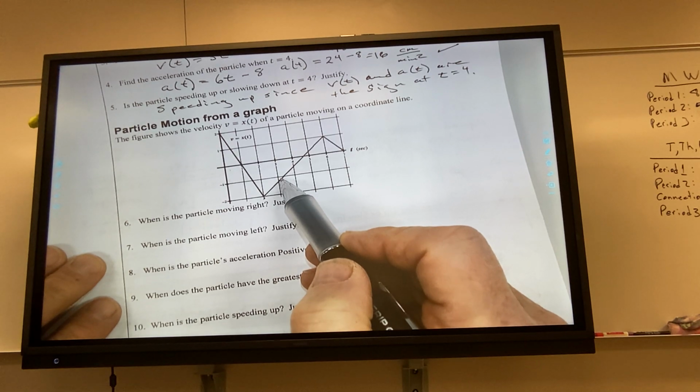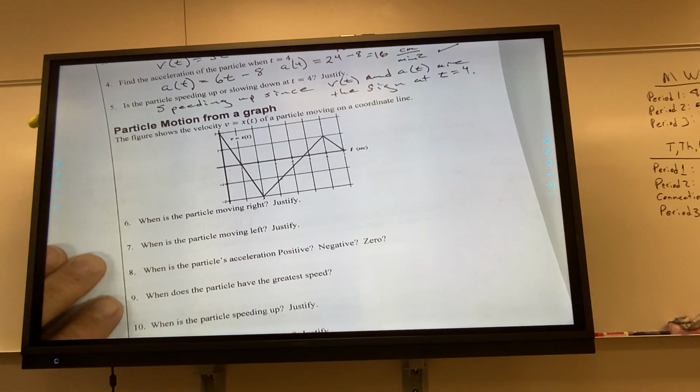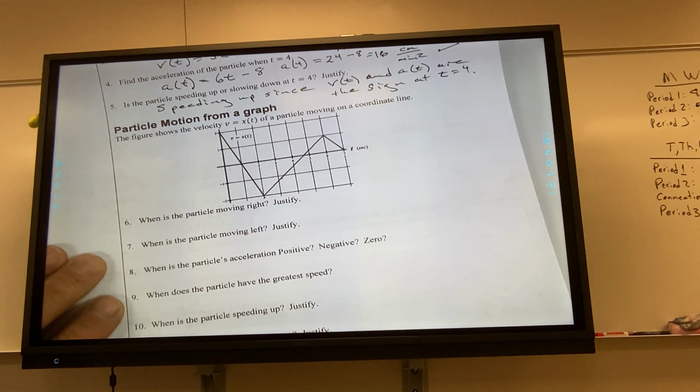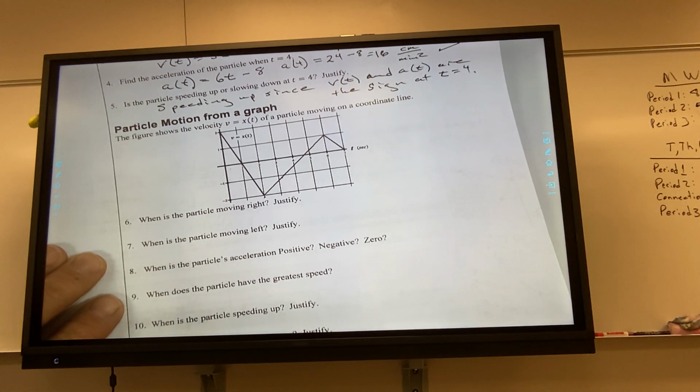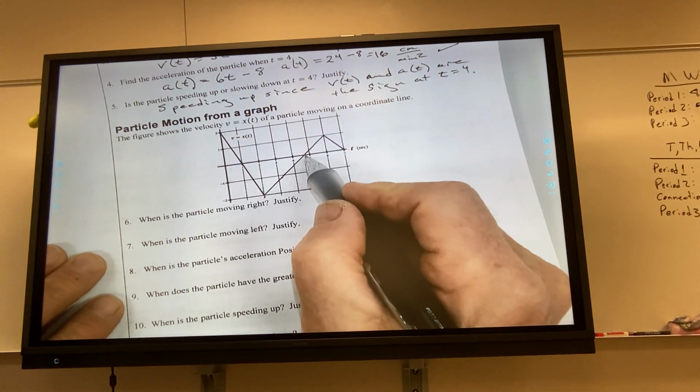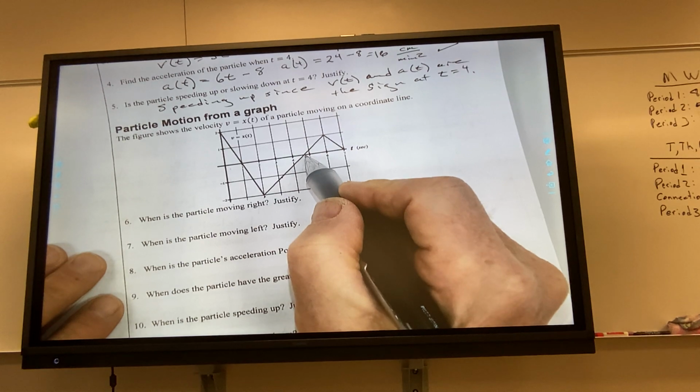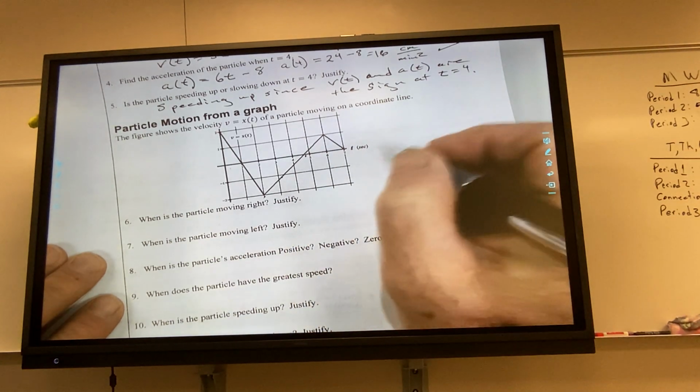Negative would mean I'm going left. At 6, I have a positive velocity, so I am going right at 6, but not at 2. Well, we have to know what that number is, right? So we'll figure out that number.